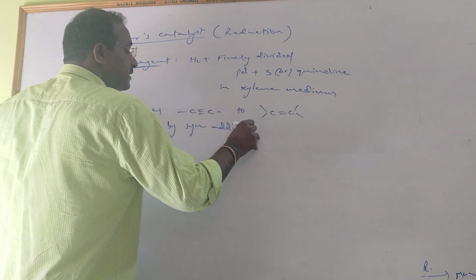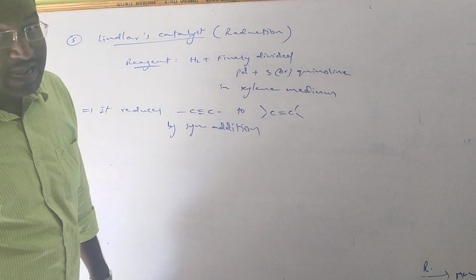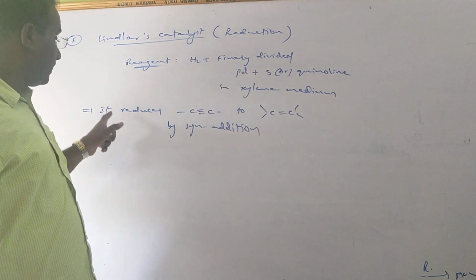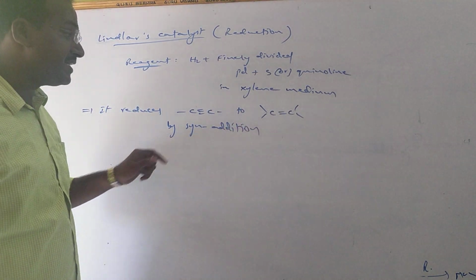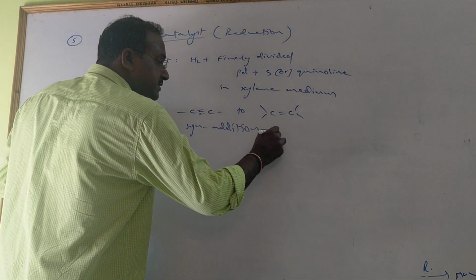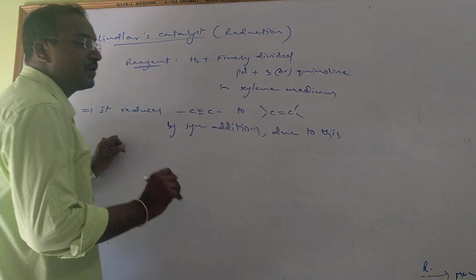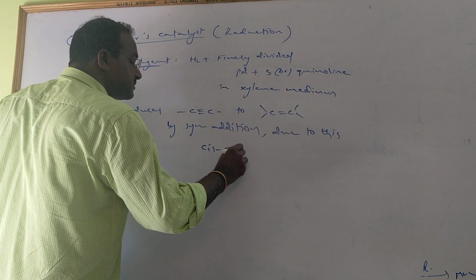In the case of Birch reduction, C triple bond C is converted to C double bond C by anti-addition, so it gives trans-alkene. But here, reduction takes place with syn addition. Due to this syn addition, cis alkenes are formed.